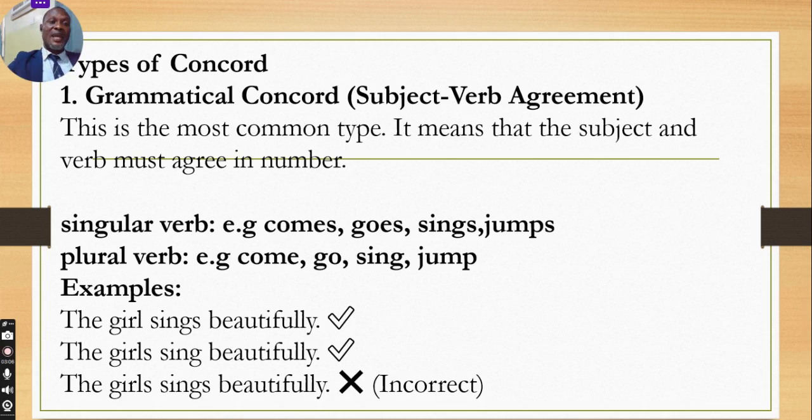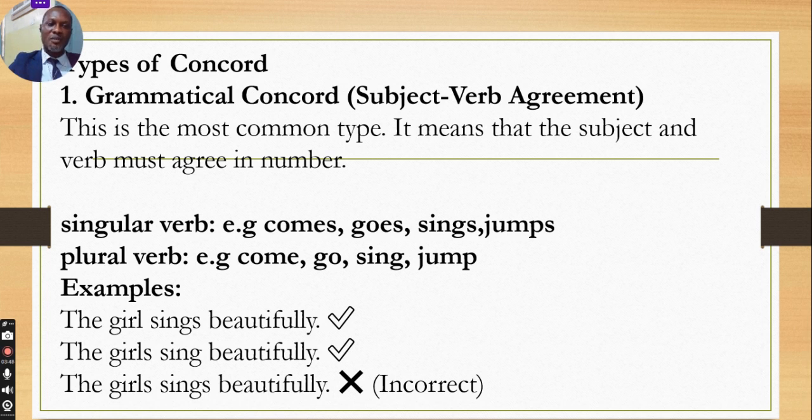All right. Now, let me just say this. The usual thing that confuses some people is that, with singular and plural, like the primary school knowledge, we believe that every noun that is singular must be without S, and every noun that is plural must be with S. Correct. But when it comes to verbs, it is the other way around.